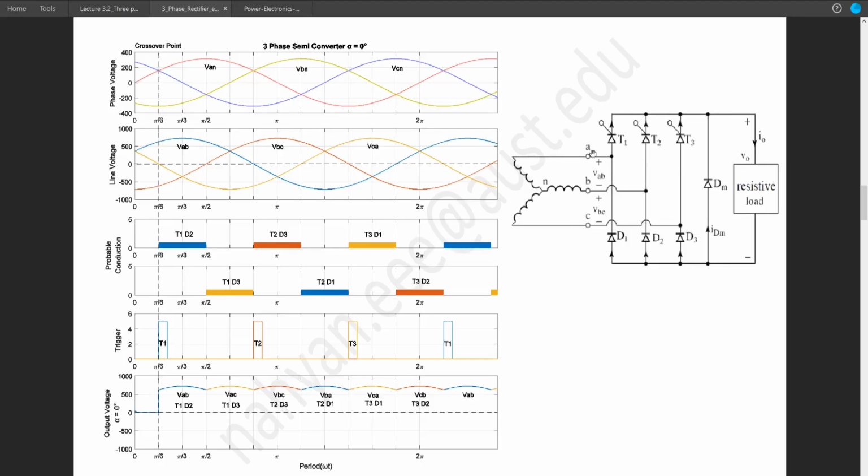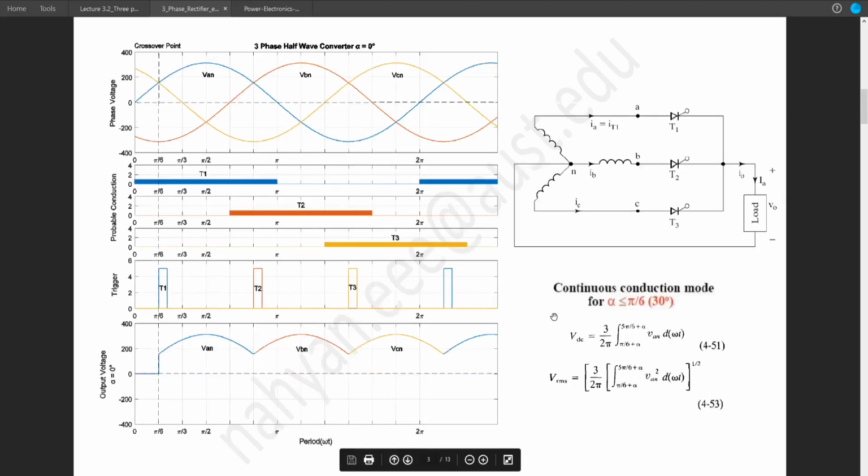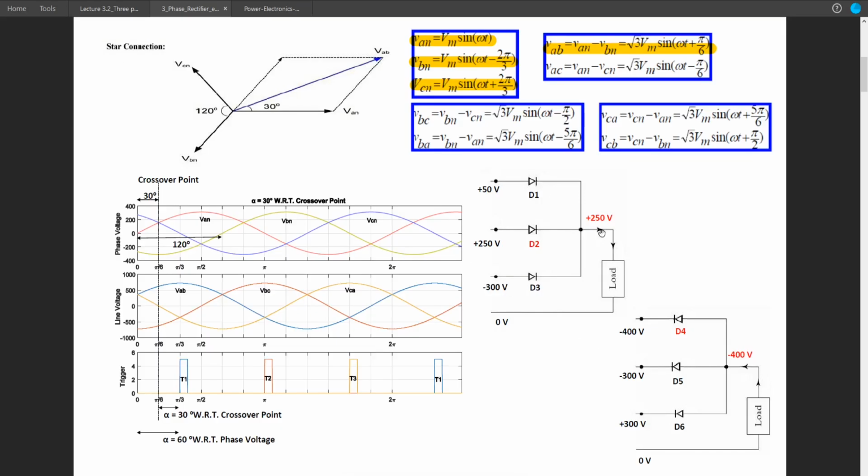But to understand the operation of this circuit, we need to go through the basics. So in this case, as we have already discussed, this D2 will be triggered as the anode of this D2 is provided with the highest voltage.